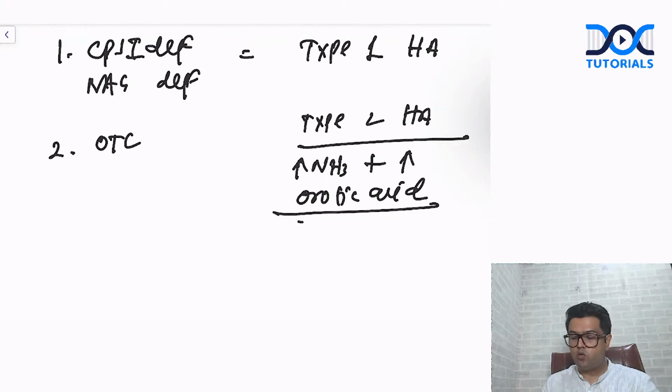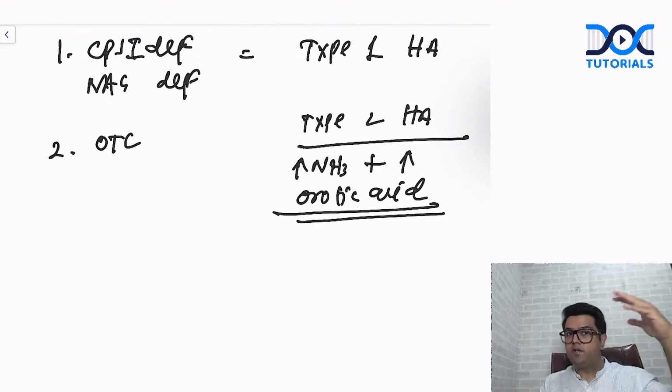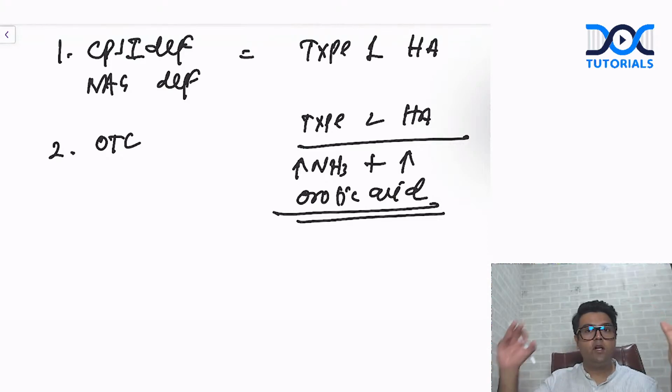So, guys, what is this orotic acid actually? Imagine the second step is missing, while the first step was going on. What is the first step's product? Carbamyl phosphate. This carbamyl phosphate will enter into the pyrimidine synthetic pathway. What is the rate limiting step of pyrimidine synthesis? CPS2.